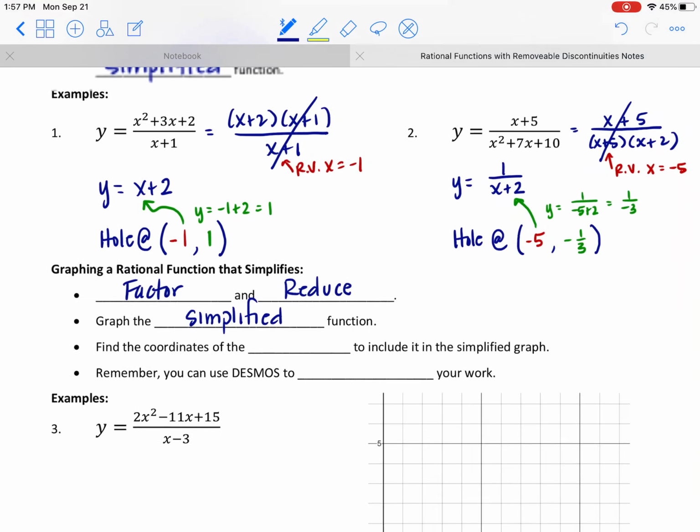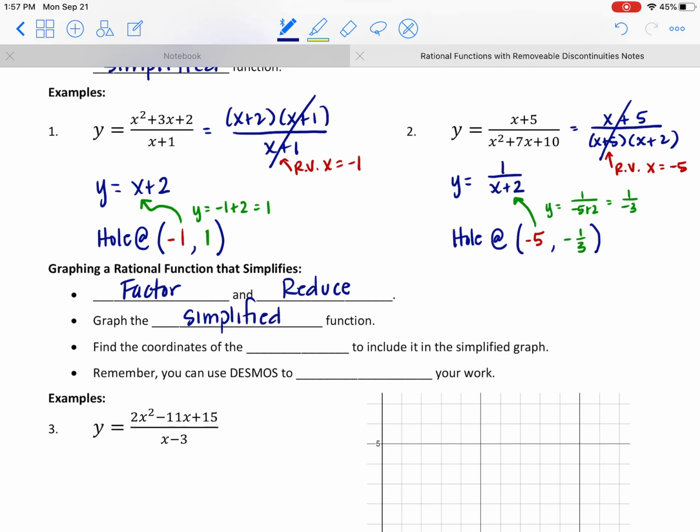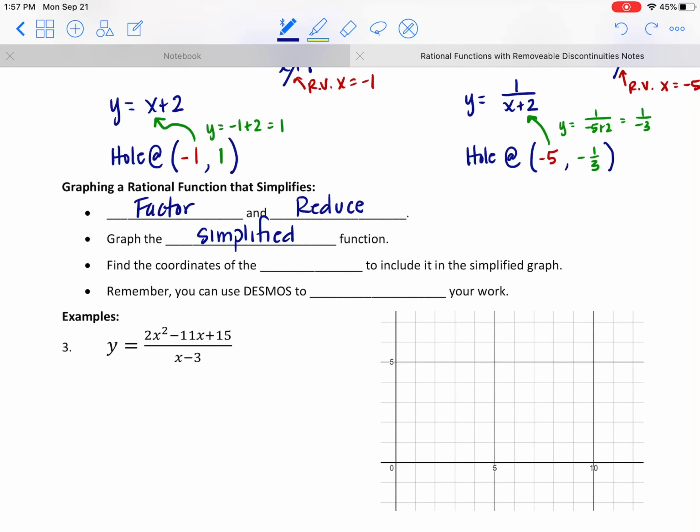Now it's possible, as we see in examples 1 and 2, that our simplified function is linear, so we're graphing a line, but it's also possible that our simplified function is still rational, so I might still have a graph that contains an asymptote and branches. So we have to look at what's left over and graph it, making sure that we are accounting for the original restriction that got reduced out.